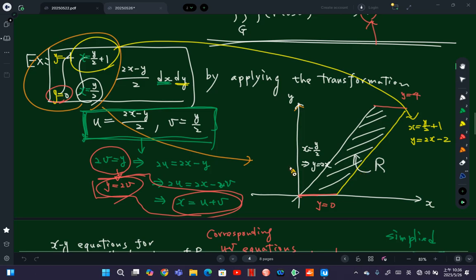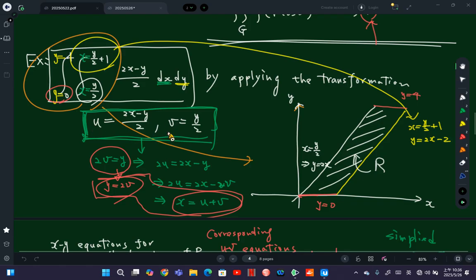Then, since this problem asks us to apply the transformation like this one, the transformation here is that each point xy can be mapped to one point in uv. So you can use this one.